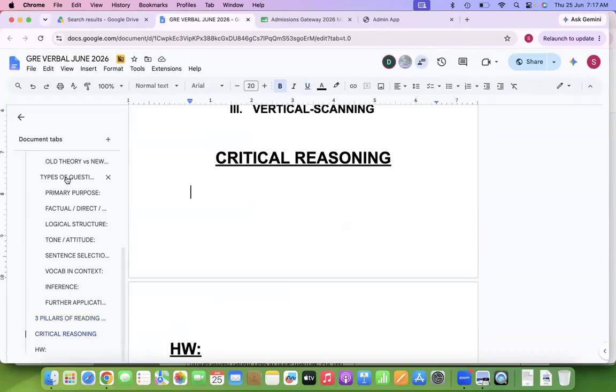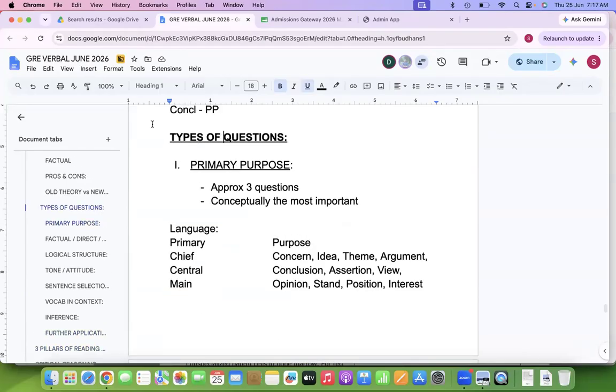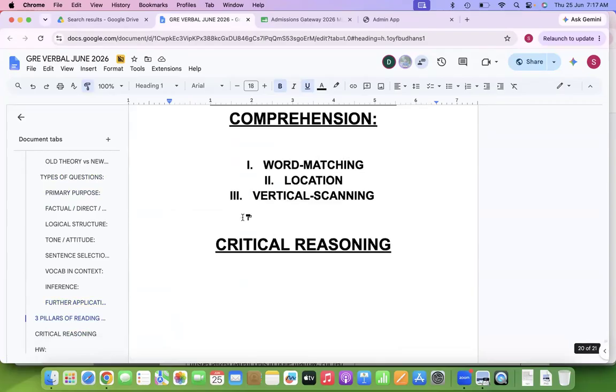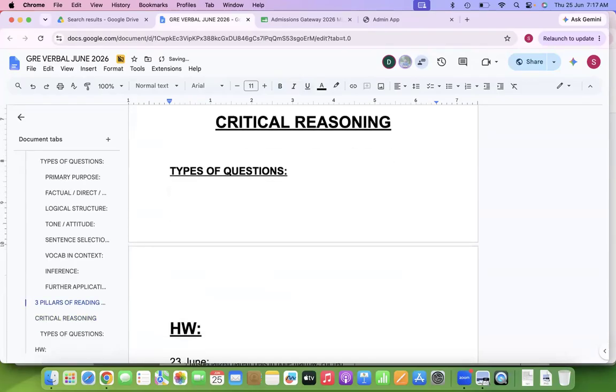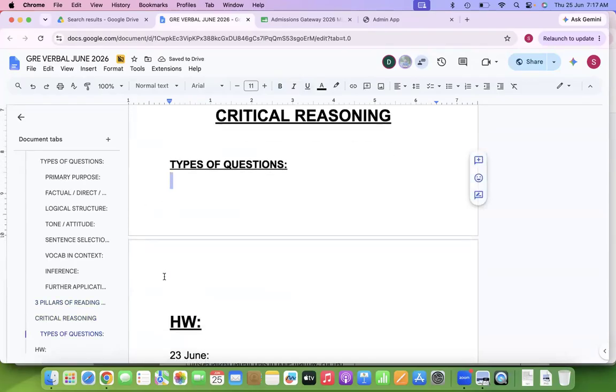So if we look at types of questions on critical reasoning, we'll have two varieties. What is independent of RC and what is common to RC?